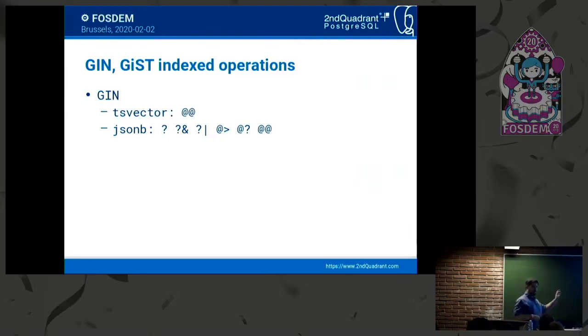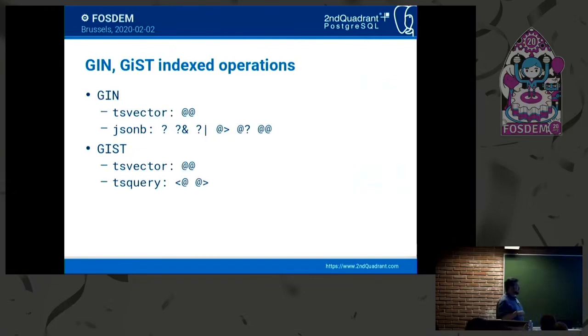So these are operations that will be very fast if you've indexed your JSONB column with GIN. And GiST supports, again, the @ sign for text matching, but it also supports the containment operators for tsquery, whether something contains the other.